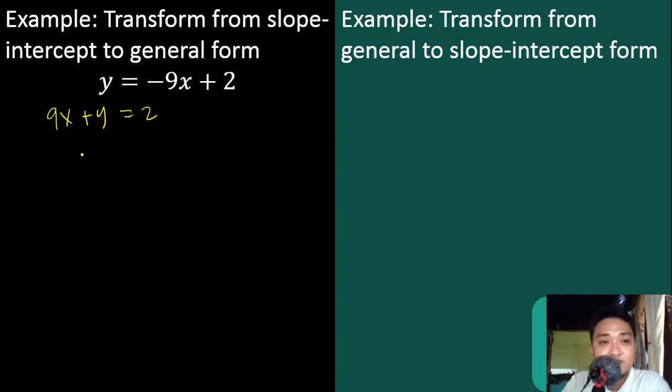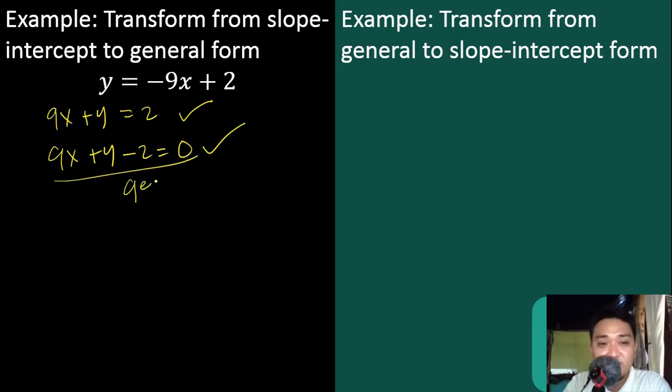Or we can also have 9x plus y, transpose positive 2, it will become minus 2 equivalent to 0. So pwede rin yan. So now we have a general form of a linear equation.